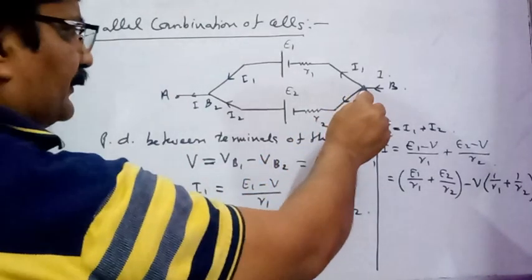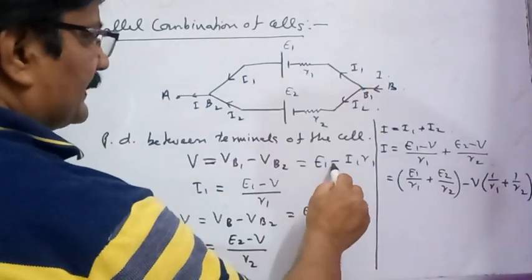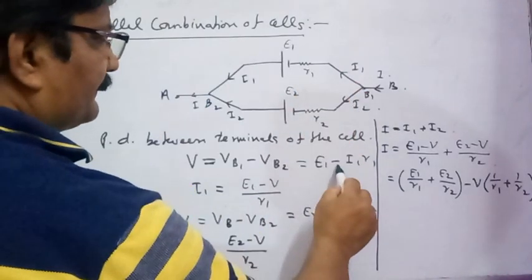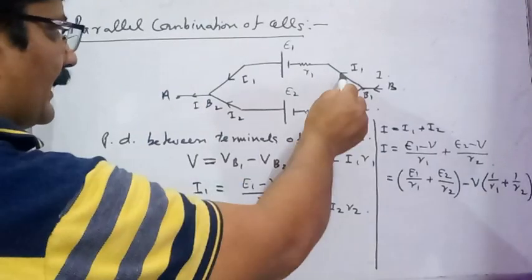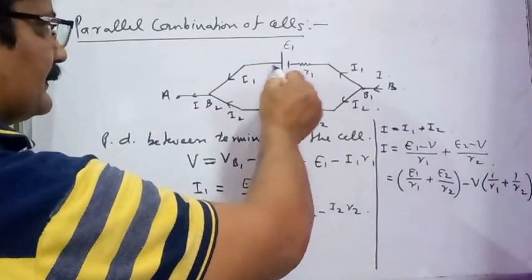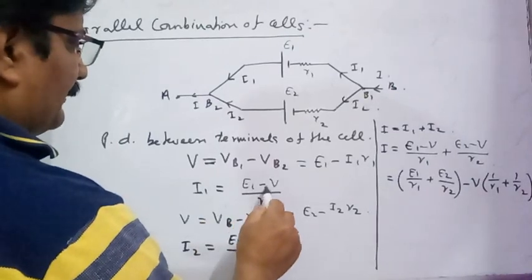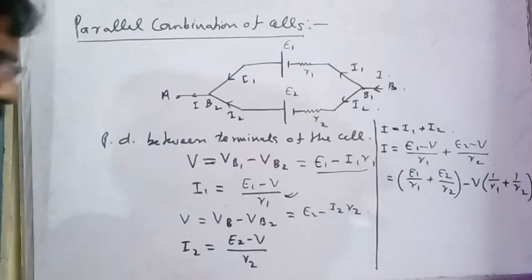What is potential at B1? E1, EMF of the first cell, minus current I1 flowing through internal resistance of the first cell, that is I1 R1. Then what is the value of current I1 flowing in this arm of the combination? So current I1 is E1 minus V divided by R1 from this relation.